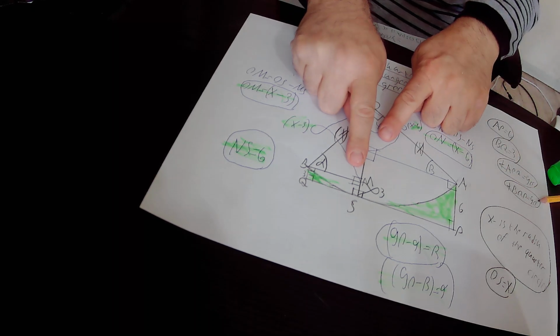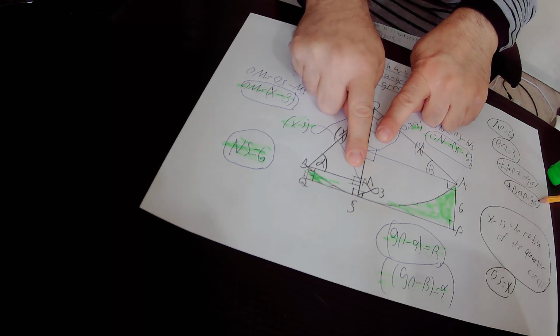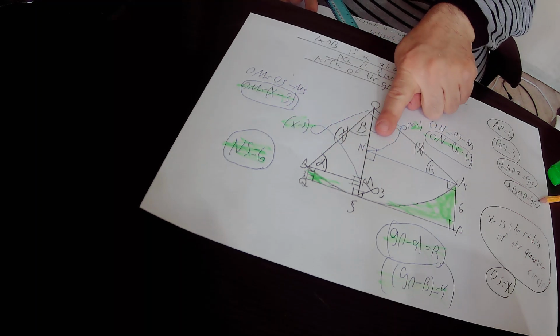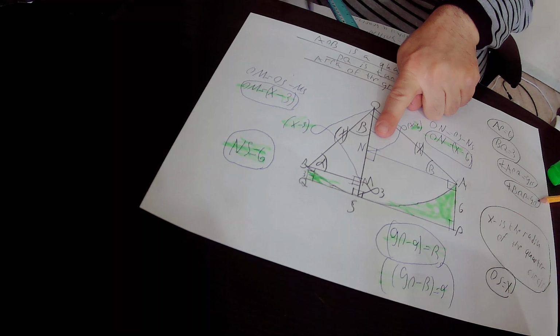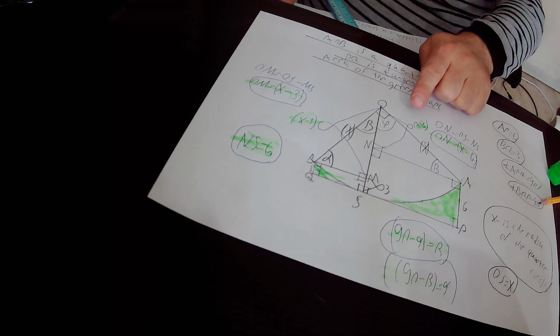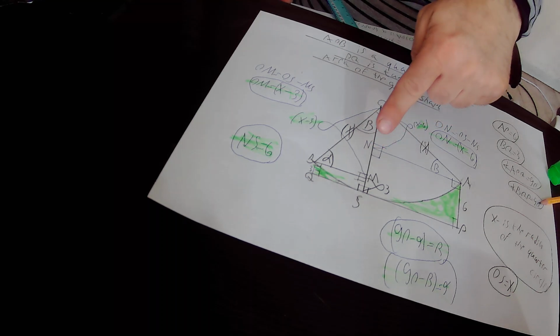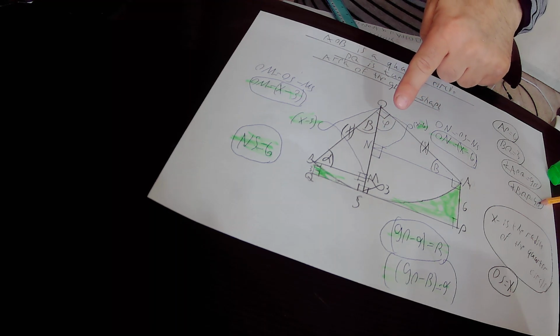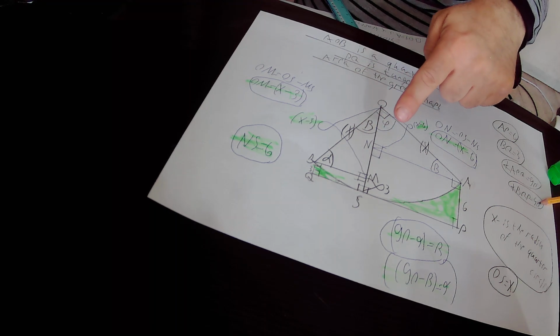First of all, those two angles, they are both equal to 90 degrees, therefore they are equal to each other. So this is angle ONA in the right triangle ONA, and it is equal to this angle, which is actually angle OMB in the right triangle OBM.